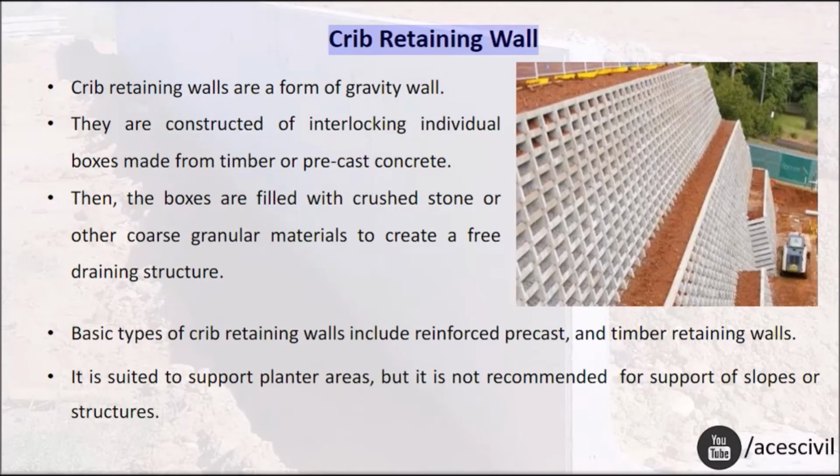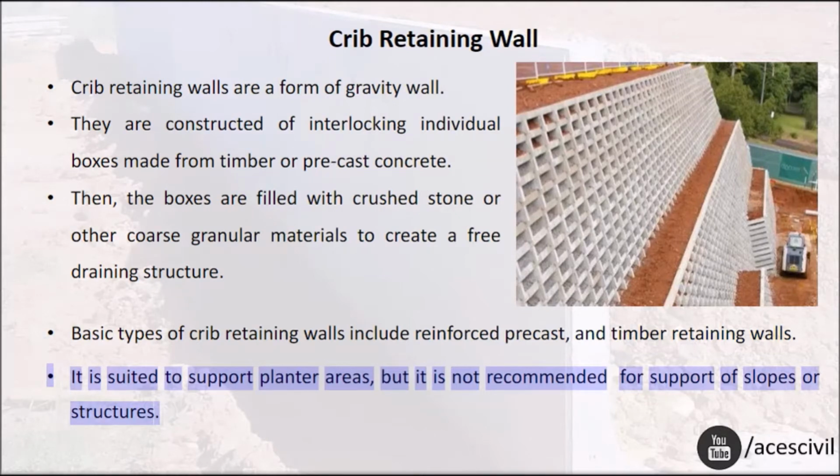Crib retaining wall. Basic types of crib retaining walls include reinforced precast and timber retaining walls. It is suited to support planter areas, but it is not recommended for support of slopes or structures.